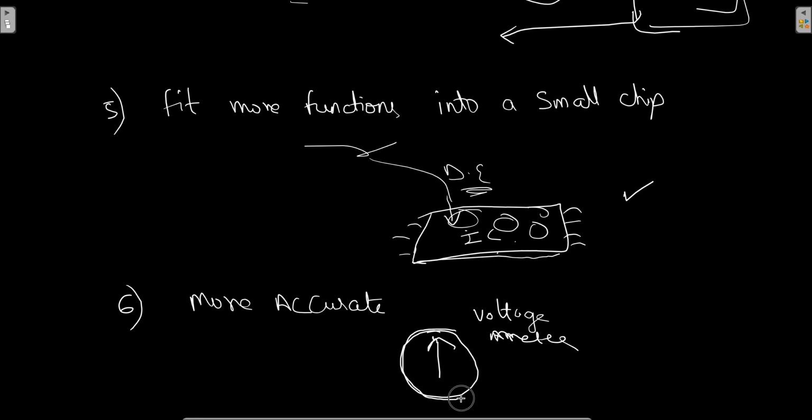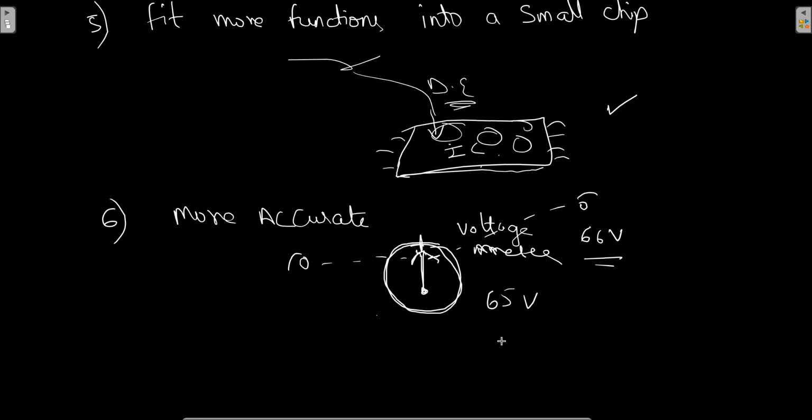While we are doing any lab, we will see this voltmeter with a moving needle. When one person is observing from here, he finds the reading as 65 volts. Another person is looking from here, he finds it is 66 volts. Due to this human error, accuracy will be affected.